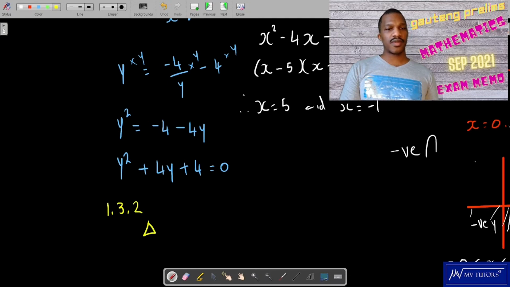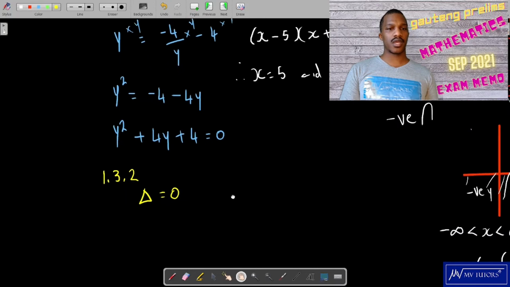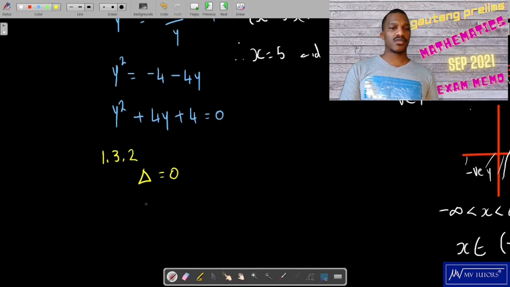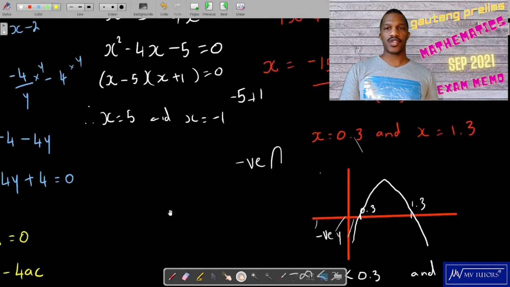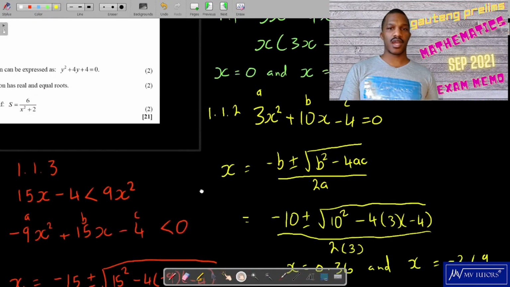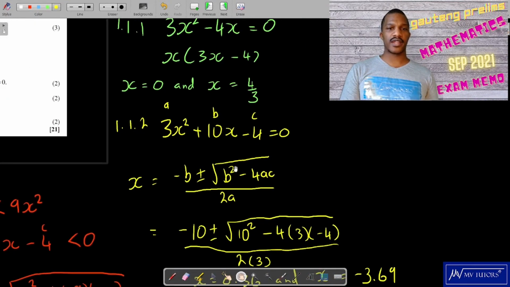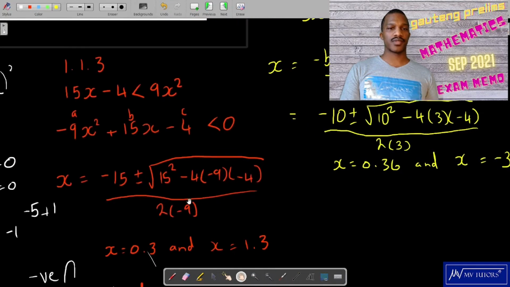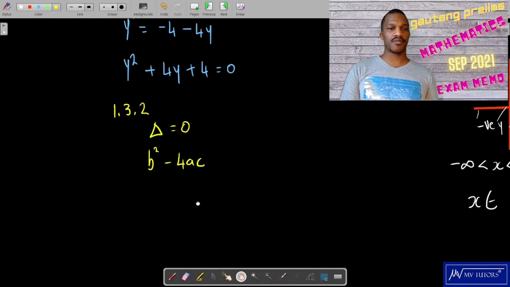The discriminant for it to have equal roots must be equal to 0. And the discriminant is given by the equation b squared minus 4ac. It comes from the quadratic formula, the part that's under the square root. It's exactly the same thing.